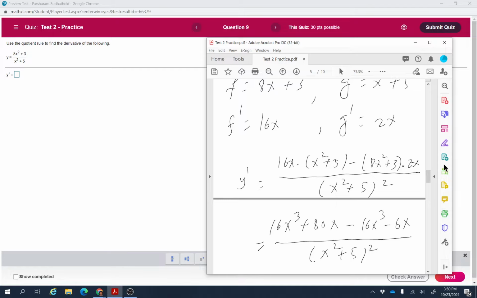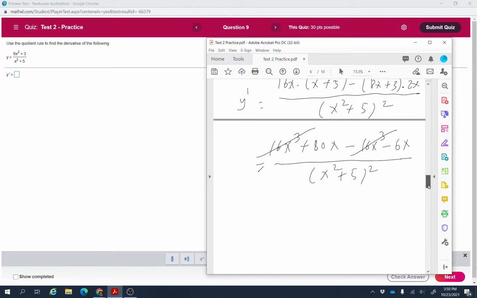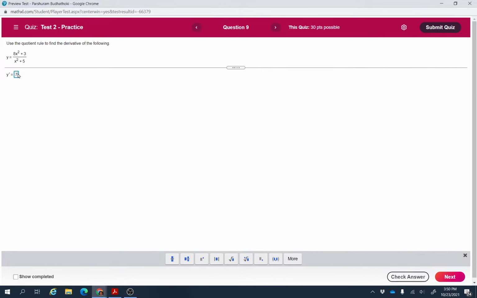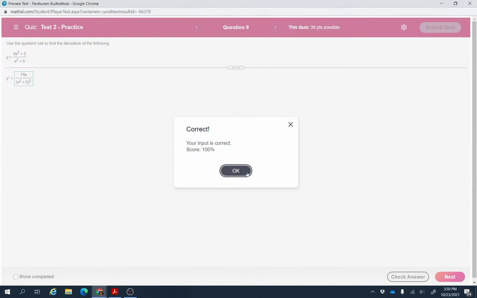On the top there is a negative 16x cubed and positive 16x cubed, so they cancel out. 80x minus 6x is 74x over x squared plus 5 whole squared. So we are going to type it here: 74x over x squared plus 5 whole squared. That's the answer.